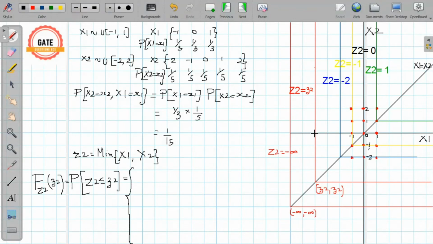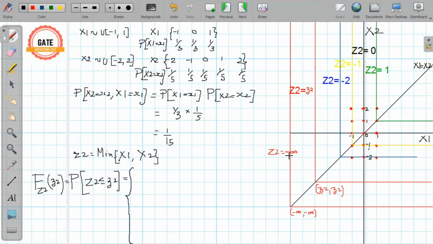And in between, as we move from -infinity, -infinity to increasing points up to +infinity, +infinity, we can note that Z2 is increasing from minus infinity to plus infinity. So as we move from left to right on the x1 equal to x2 line, there is an increase in Z2 values. According to the definition of CDF of Z2, there is no point out of these 15 points lying to the left of this leftmost boundary or on this boundary.